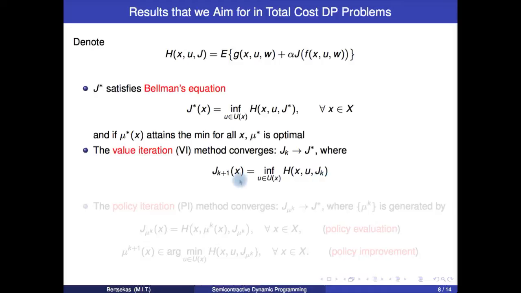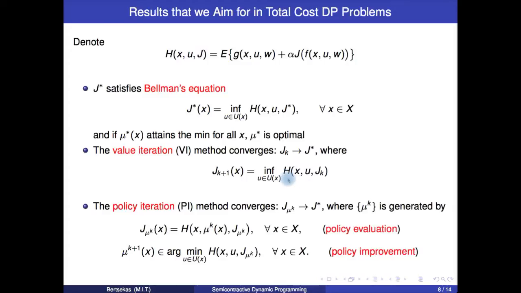Then from J1, we obtain J2, then J3, and so on, the whole sequence. Jk is the optimal cost associated with a k-stage problem with terminal cost J0. And what we hope to be true here is that the optimal finite horizon cost converges to the optimal infinite horizon cost.